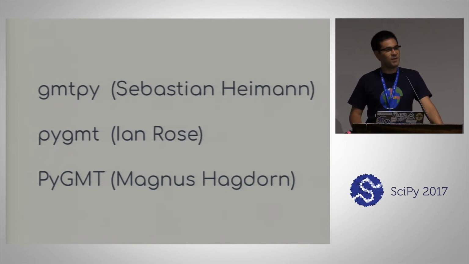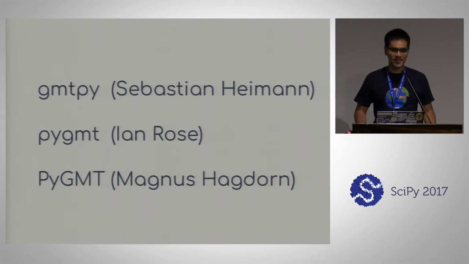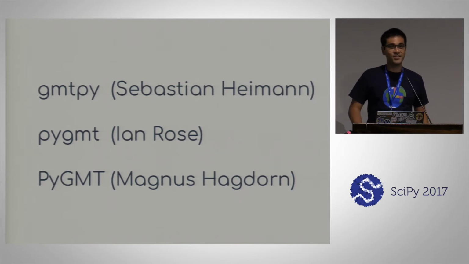But apparently some people did not reach that conclusion, and I could find on GitHub at least 3 GMT Python wrappers. There's GMT Pi, there's lowercase pi GMT, and there's also uppercase pi GMT. Of these, GMT Py has had the most development, but it's been inactive since 2014, I think.